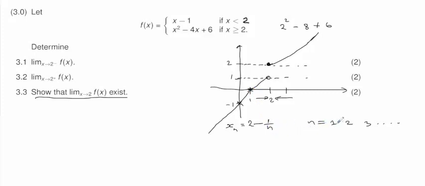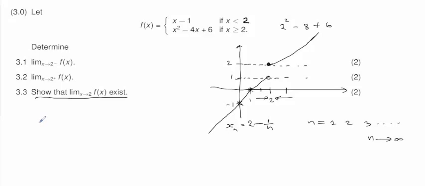For n equals 2, this will be 2 minus half, which is 1.5, somewhere there, which is closer to 2 than that. So as n approaches infinity, 1 over n is very small, and the term itself will be coming closer and closer to 2.